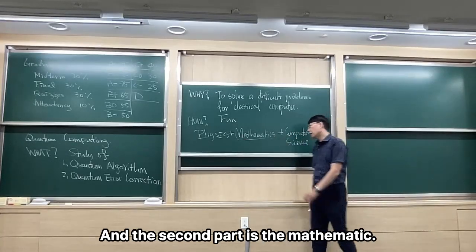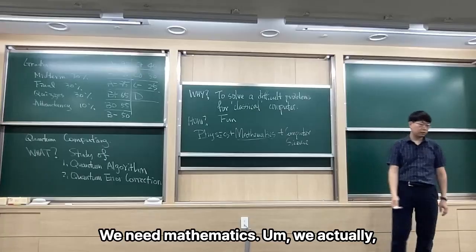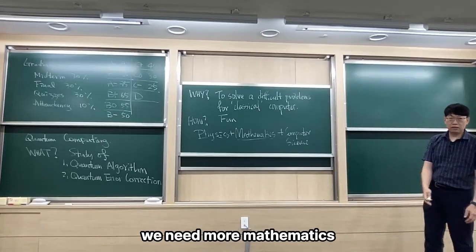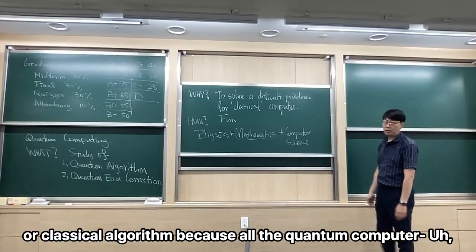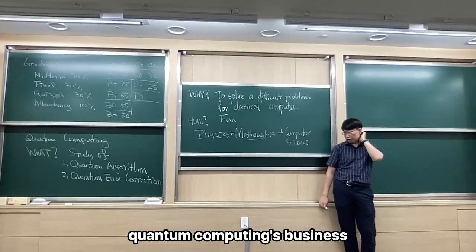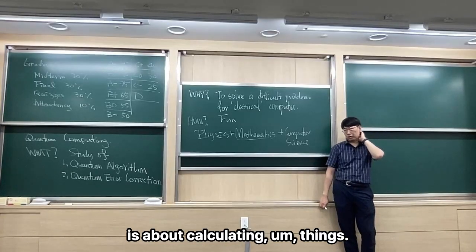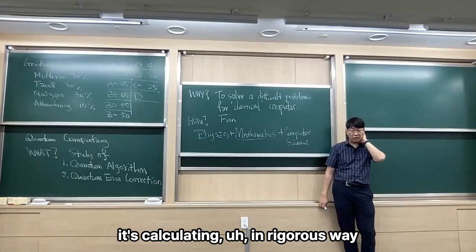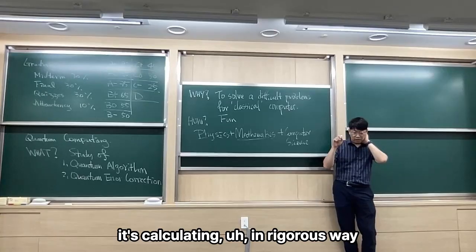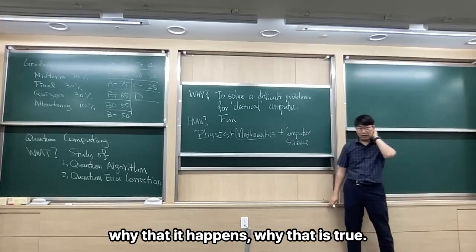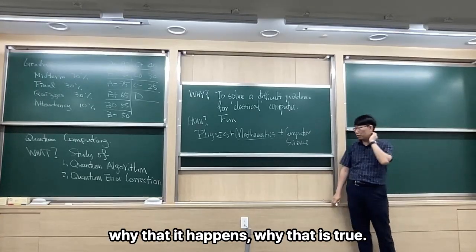The second part is mathematics. We need more mathematics than for classical computers or classical algorithms, because all the quantum computing business is about calculating things. Not just calculating numerically, but calculating rigorously and proving rigorously why something is true.